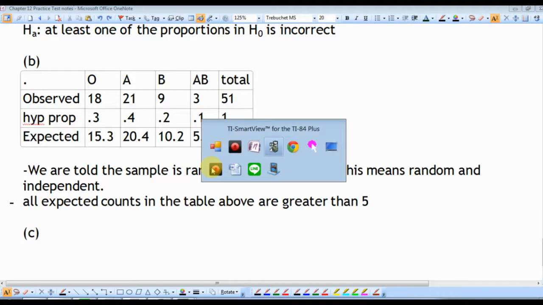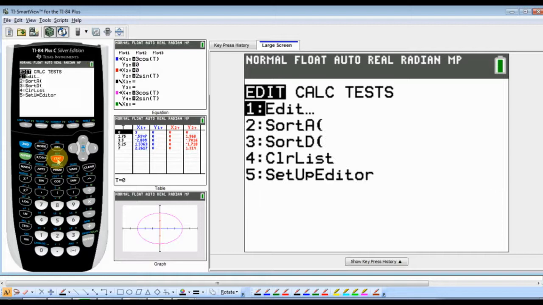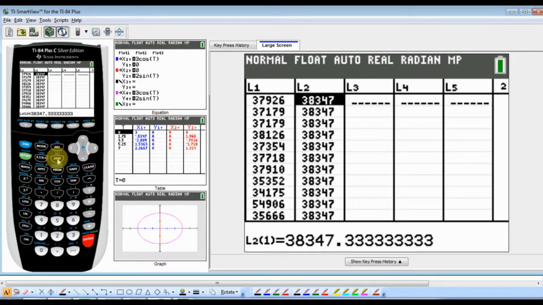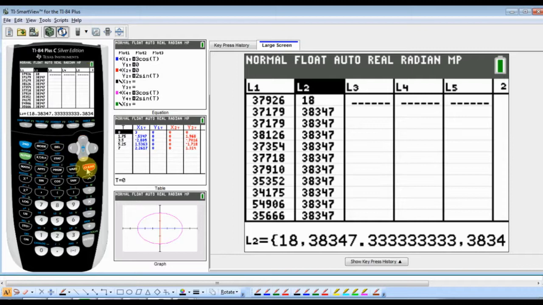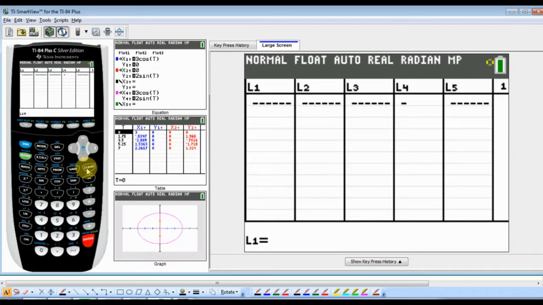Well, we might as well put this in our calculator now. I should clear off this list. 18, 21, 9, and 3.